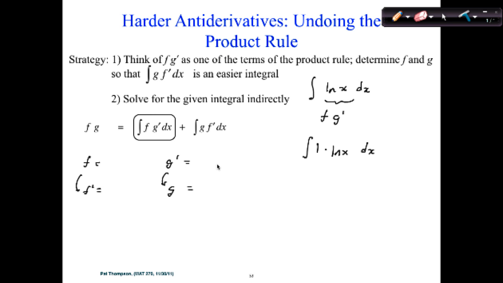No, because we'd have to do a mini antiderivative of natural log of x. Well, that's the problem we were given, the problem we're trying to figure out. So it doesn't make sense to put natural log here, because then to undo the product rule, we'd have to solve the problem we're trying to solve. Does that make sense?